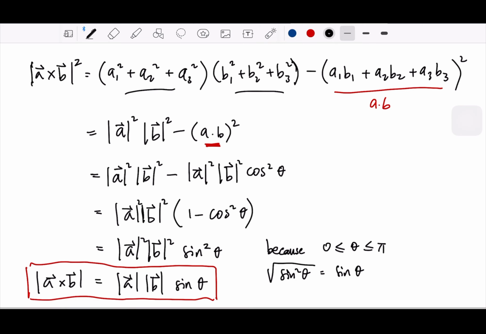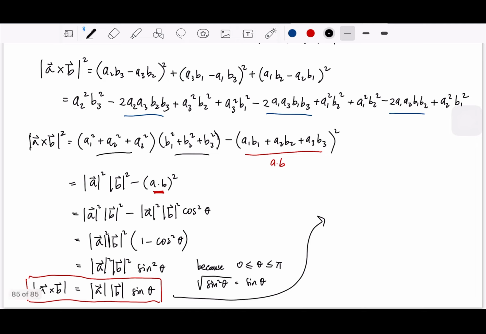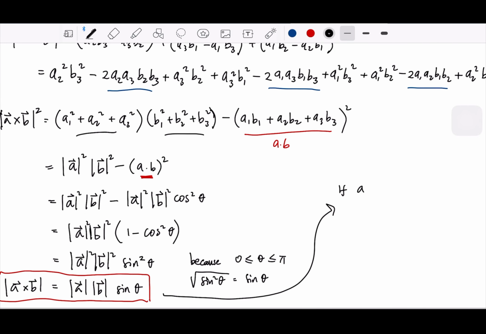Which means that if A cross B is 0, then A and B are parallel. Or you can say vectors A and B are parallel if the cross product is 0.